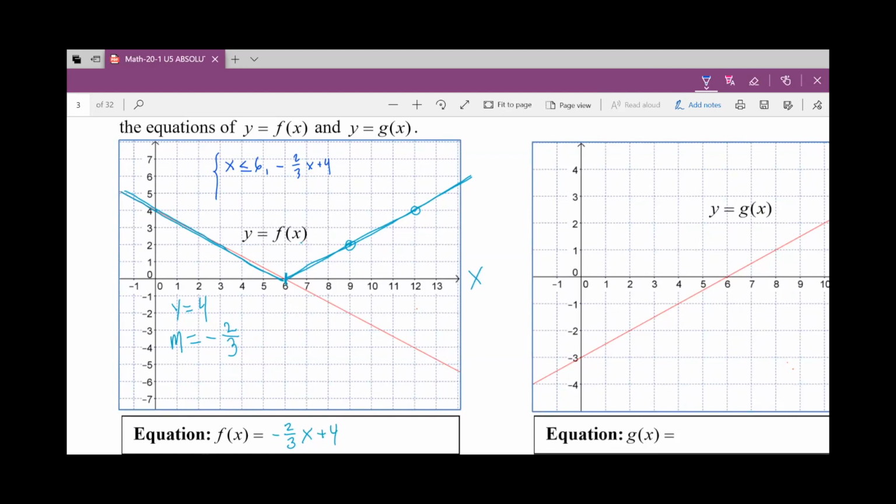But for the part of the absolute value curve where x is greater than 6, you can figure out the equation of this line. The x-intercept is 6, and it has the same slope but positive. So the equation of that line is 2/3 x minus 4.